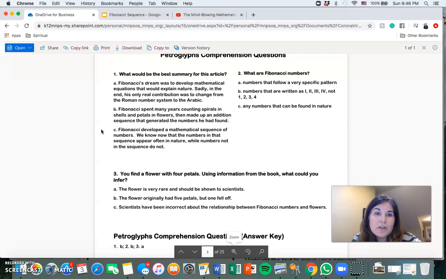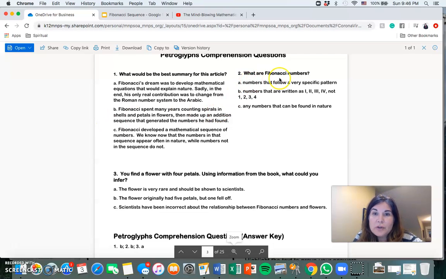We know now that the numbers in the sequence appear often in nature, while numbers not in the sequence do not. So we're thinking about what Fibonacci's discovery did and contributed to. Like, why is it important now?